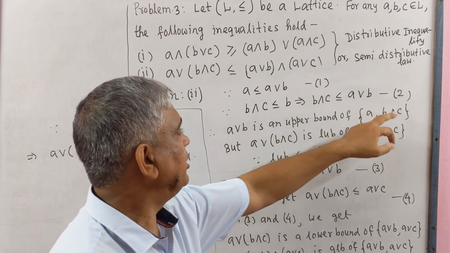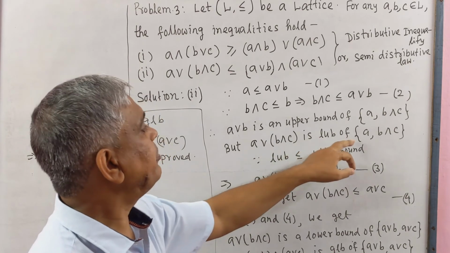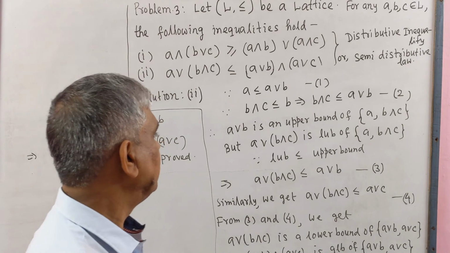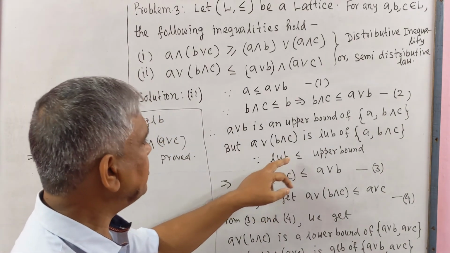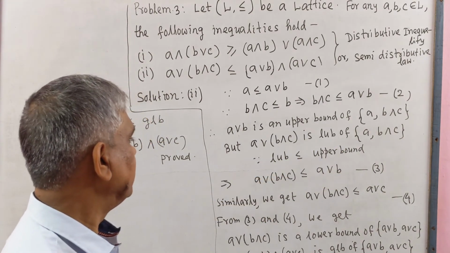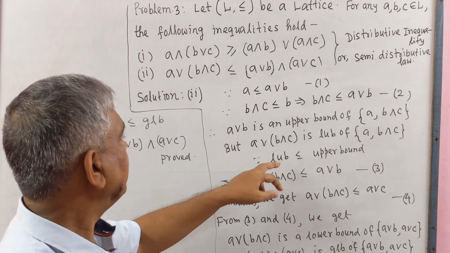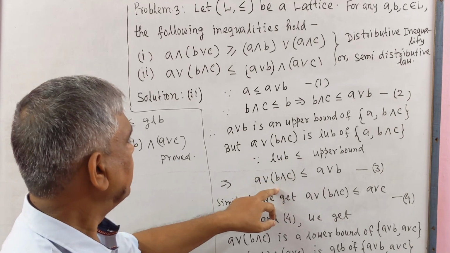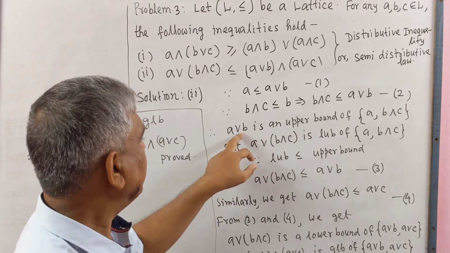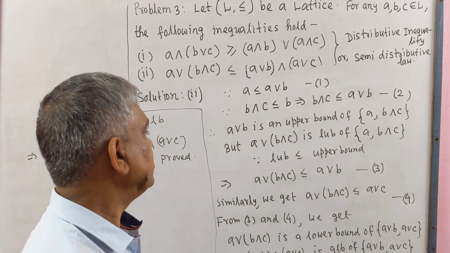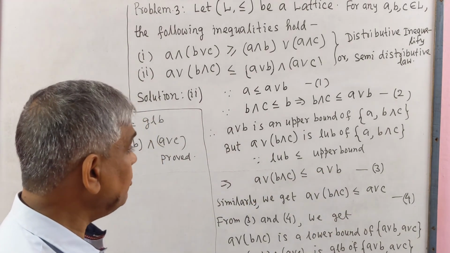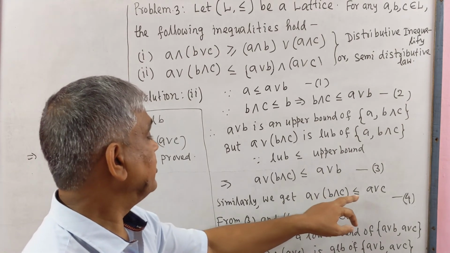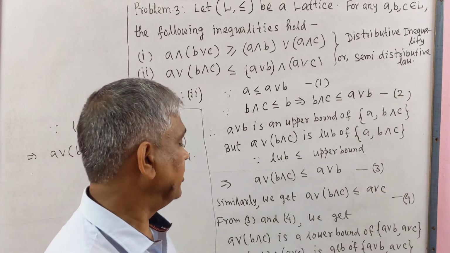A ∨ (B ∧ C) is the least upper bound of the set containing elements A and B ∧ C. We know that the least upper bound is less than or equal to an upper bound. This is number 3. Similarly, we get A ∨ (B ∧ C) ≤ A ∨ C.